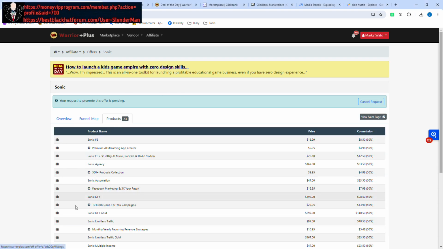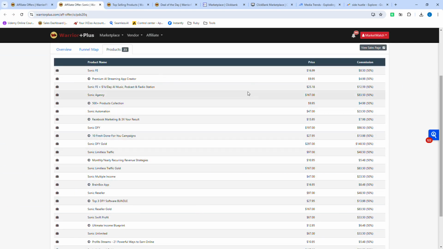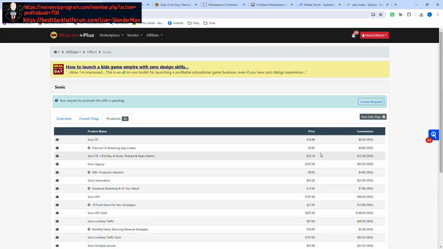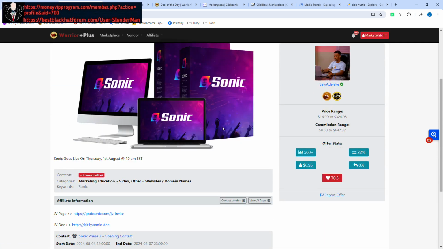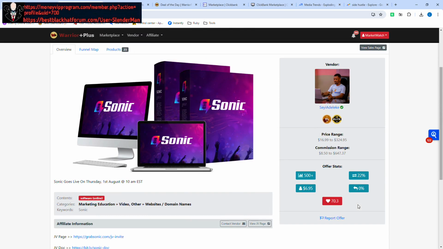You get a summary of what products are in the funnel here, and you can look at their prices and their commission settings. Do we have any recurring products in here? Nothing that I see immediately off the front. Nothing I see here either. So as far as I can tell, there are no recurring products in this funnel.